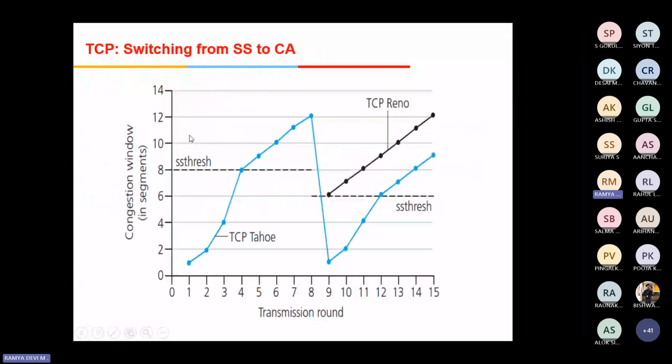This is how TCP Tahoe works. Okay. So TCP Tahoe starts from the slow start state by setting the congestion window as 1. Getting an acknowledgement, now the congestion window becomes 2, 4, and 8. Okay, threshold is 8, so I cannot double the window size.